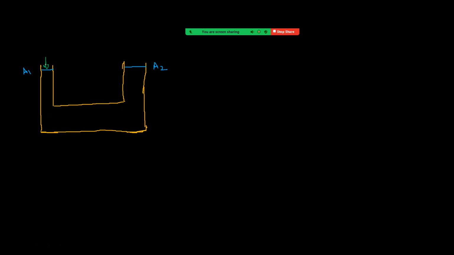So applying a force, suppose F1, then below the piston the pressure increases by F1 by A1. So just below the piston, pressure is now increased by F1 by A1.